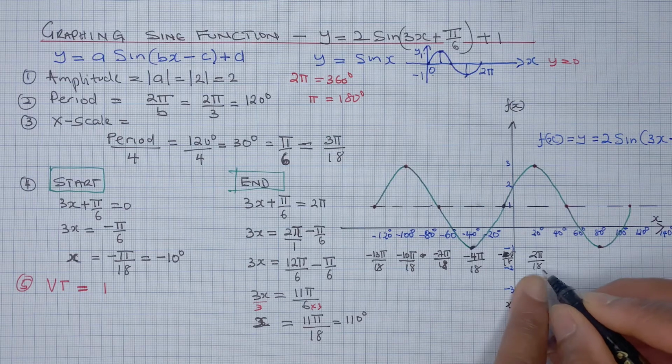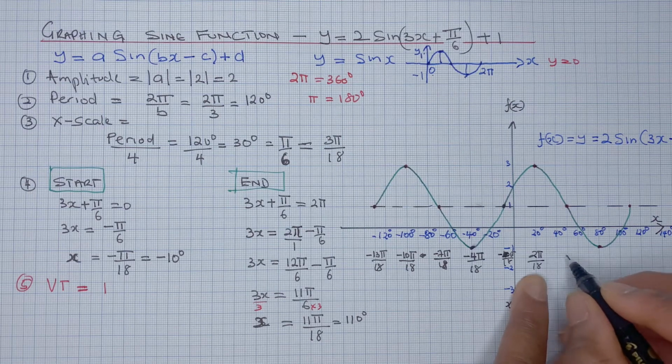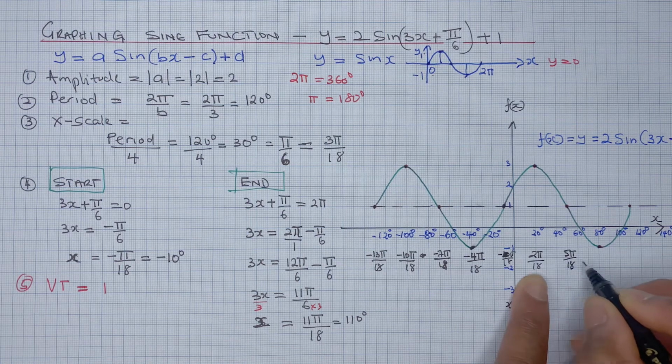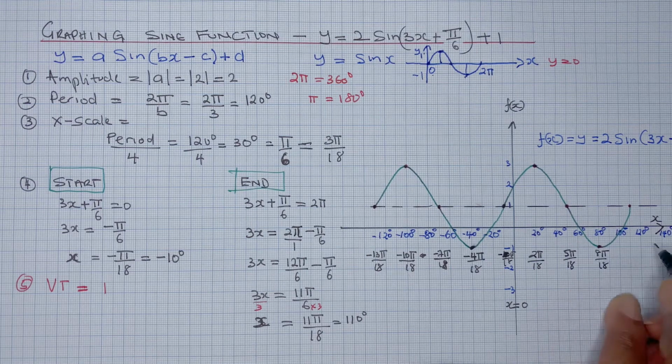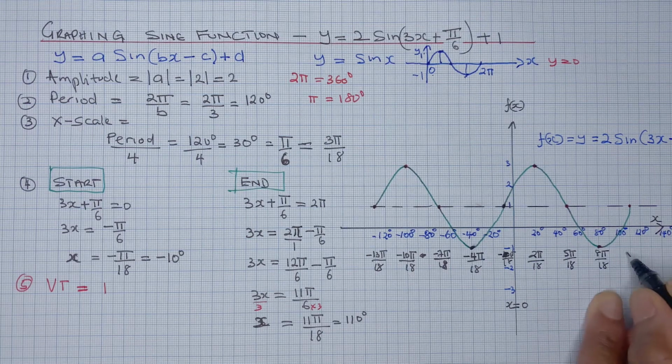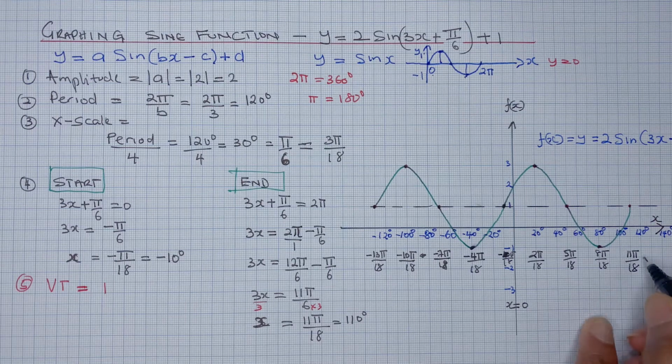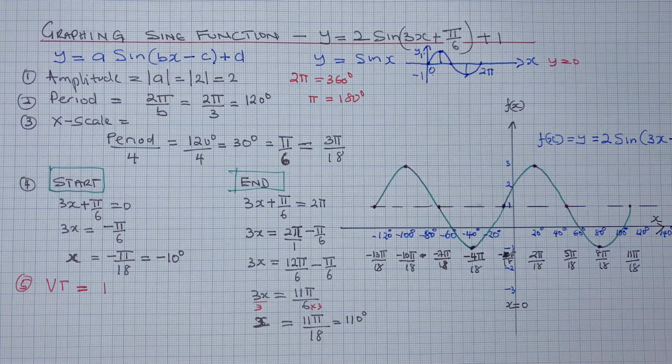Because they have the same denominator, you just add the numerator. So that will be 5 pi over 18. And this one will be 8 pi over 18. And this one will be 11 pi over 18. And you can see that's where we finish, 11 pi over 18 is the end. So that's how you can convert your degrees back to pi if you had to show that.